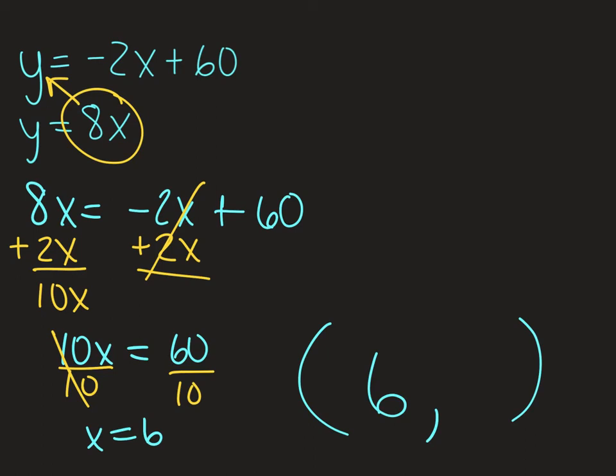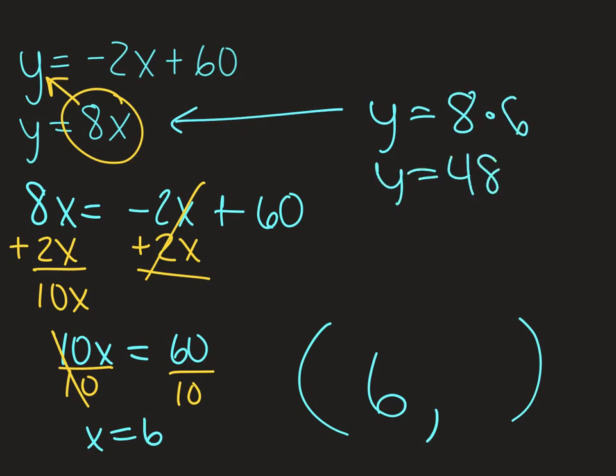So now I need to do that again. Take 6, and I can replace this x with 6, or I can replace this x with 6. Personally, I think this one looks easier. So I'm going to replace x with 6 and get 48. My final answer is parentheses 6, 48, parentheses.